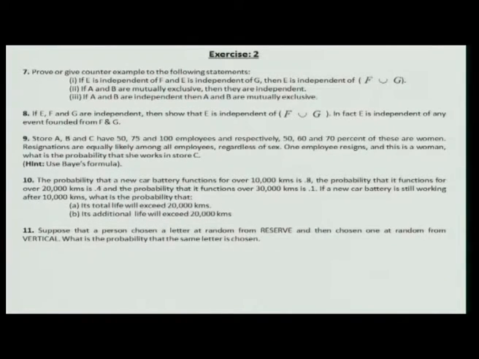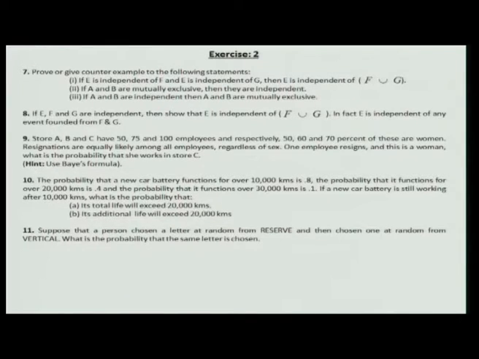Resignations are equally likely among all employees regardless of sex. One employee resigns and this is a woman. What is the probability that she works in store C? Here again I am asking you to use Bayes formula to compute the probability. So, one employee resigns, that is given, and this is a woman, and you have to find the probability that she works in store C.